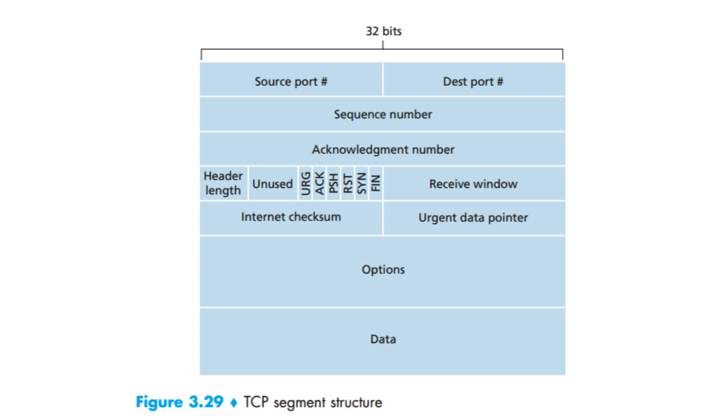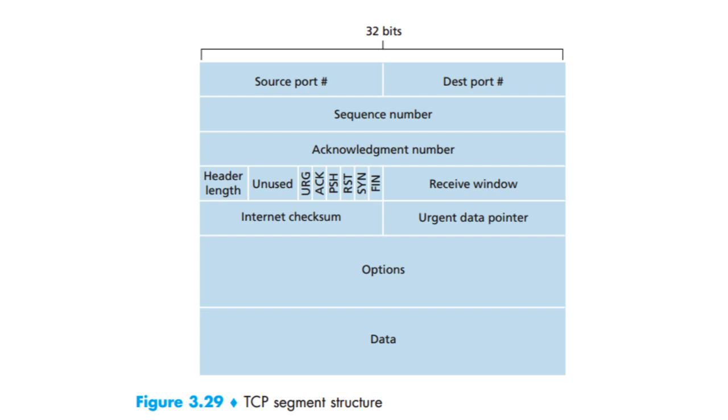Control flags: the urgent flag indicates that the urgent pointer field is valid. The acknowledgement flag indicates the acknowledgement number field is valid. The push flag requests the receiving TCP to push the data to the recipient application immediately. The reset flag resets the connection. Synchronize initiates a connection establishment. The finish flag terminates the connection.